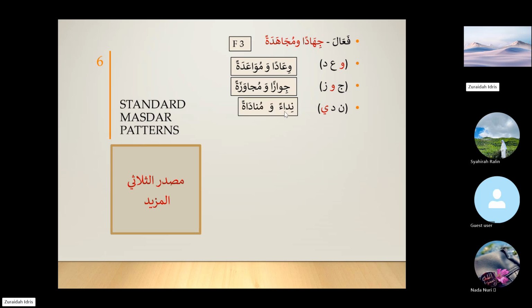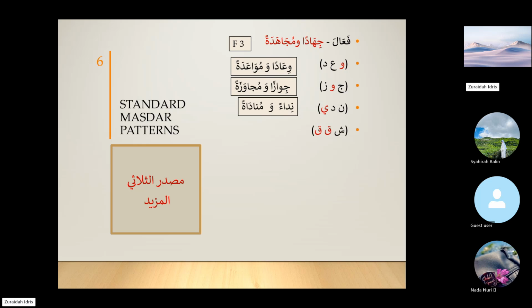It becomes a hamza. Yeah, nida'an. This is what we see when we study about nida, right? It becomes this. One of those changes they call ibdal, when it changes from ya to hamza. Then of course munadatan. We see this often. This just follows this pattern. Mu na da, because the ya becomes an alif here, and then tan. Yeah, munadatan. Okay, alhamdulillah.